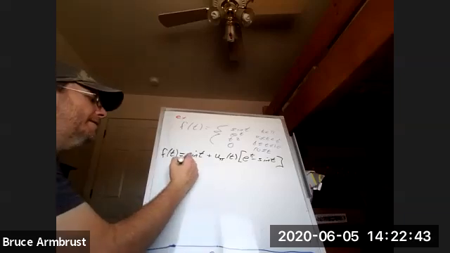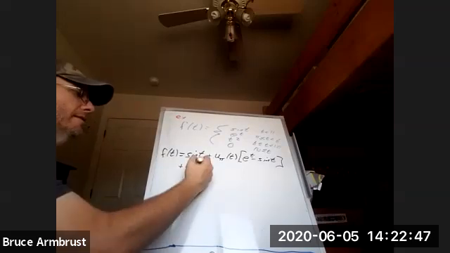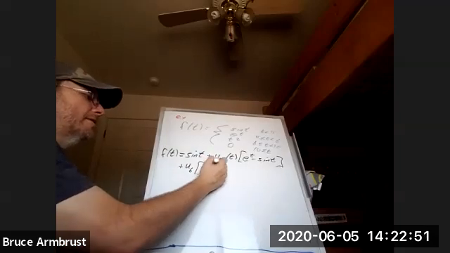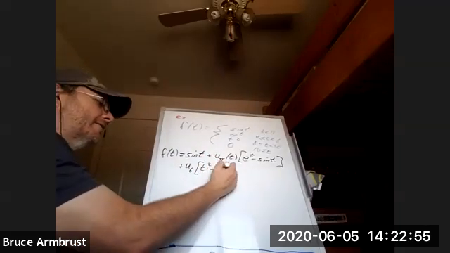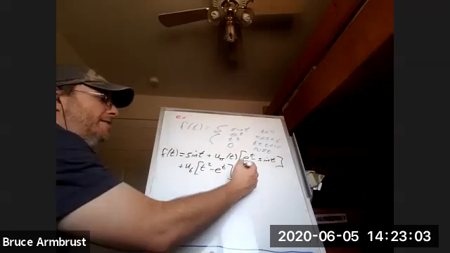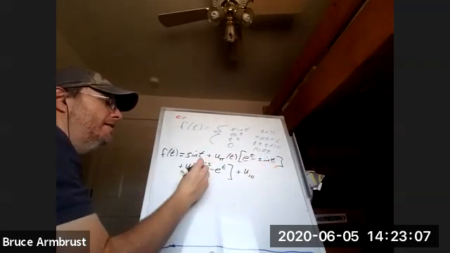All right, and then the next place that things are going to change is at 6. I need t squared to turn on, so I'll have a t squared. And then I need e to the t to turn off, so I'll subtract e to the t. And then lastly, we need to have a u10.